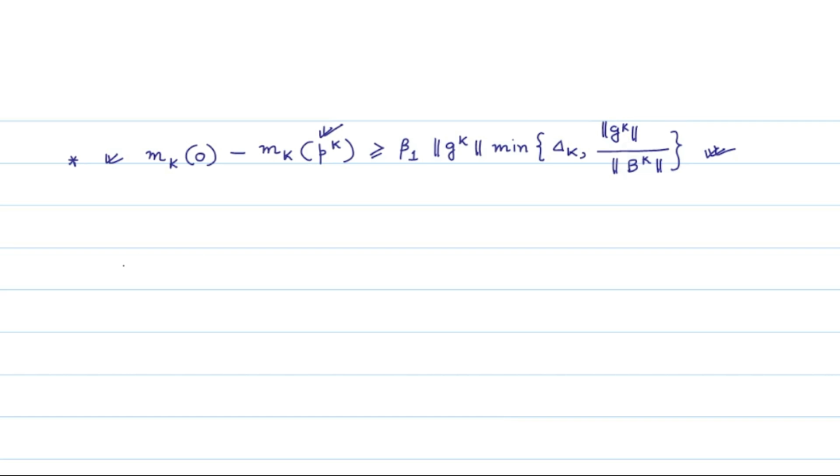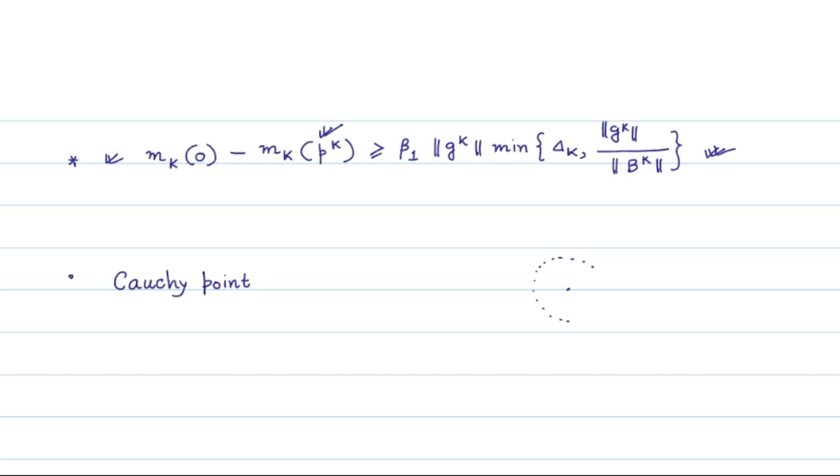Cauchy point is a point in the trust region which minimizes the model function along the direction of negative gradient of the objective function.